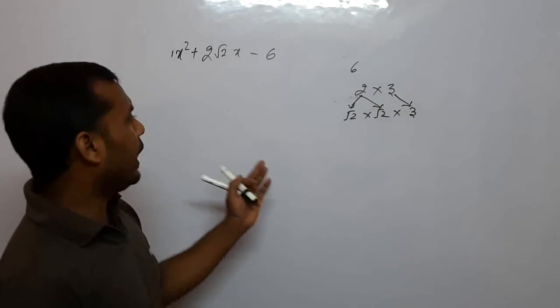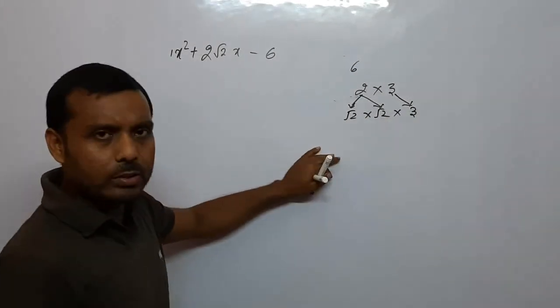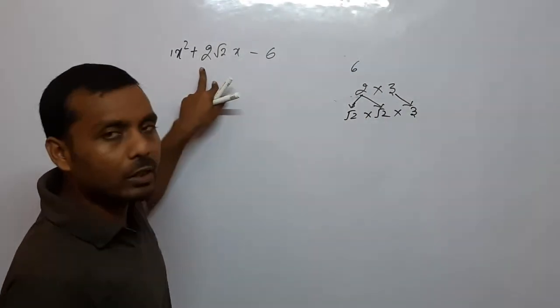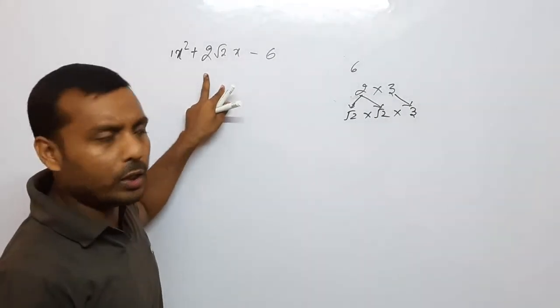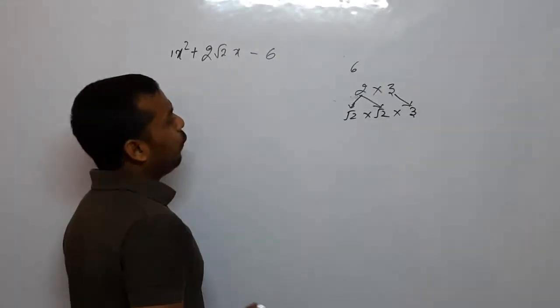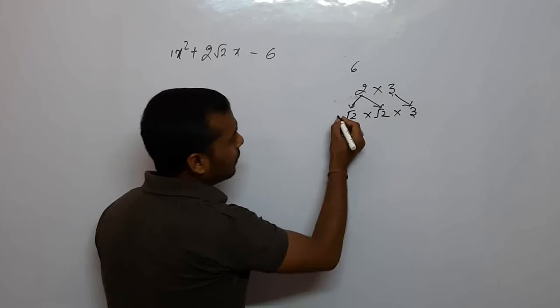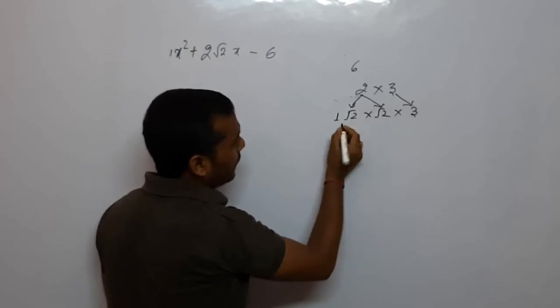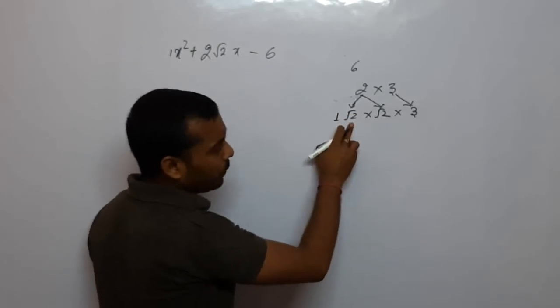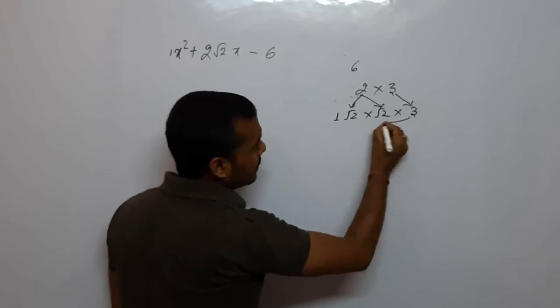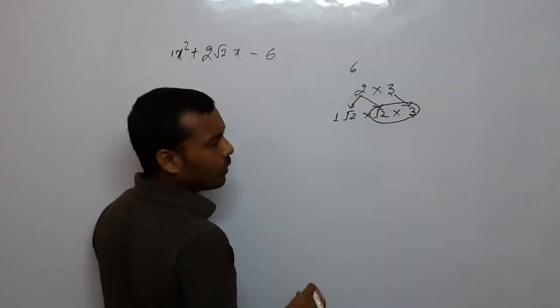Now we have to arrange these terms in such a way that in the middle we get 2 root 2. So here we can take 1 in front of root 2, and for this take this 3 root 2 alone.